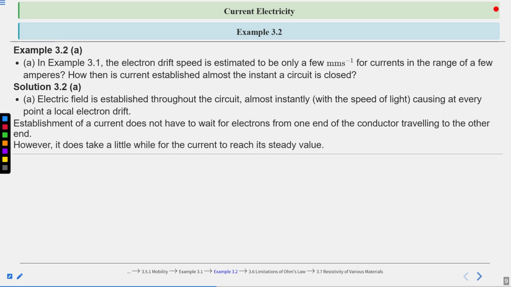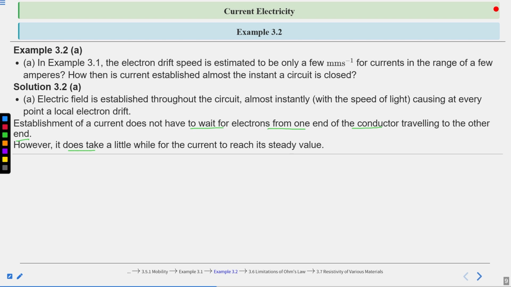So establishment of a current does not have to wait for electrons traveling from one end of a conductor to the other. It is due to all the electrons present in that conductor, not due to an electron at the other end.